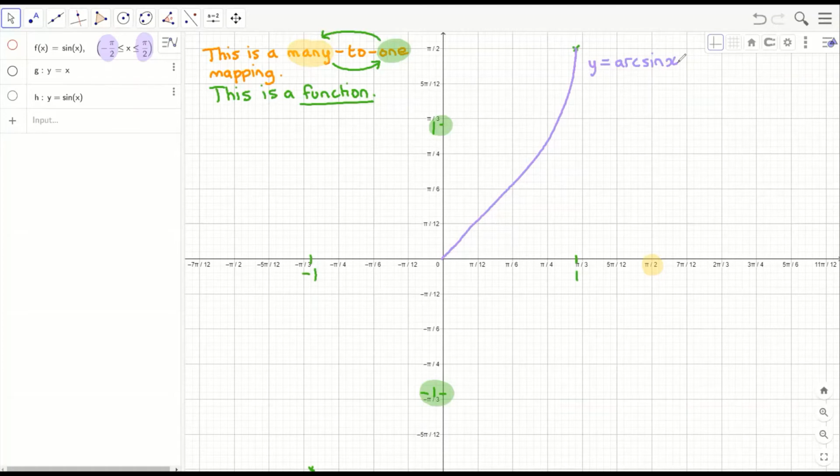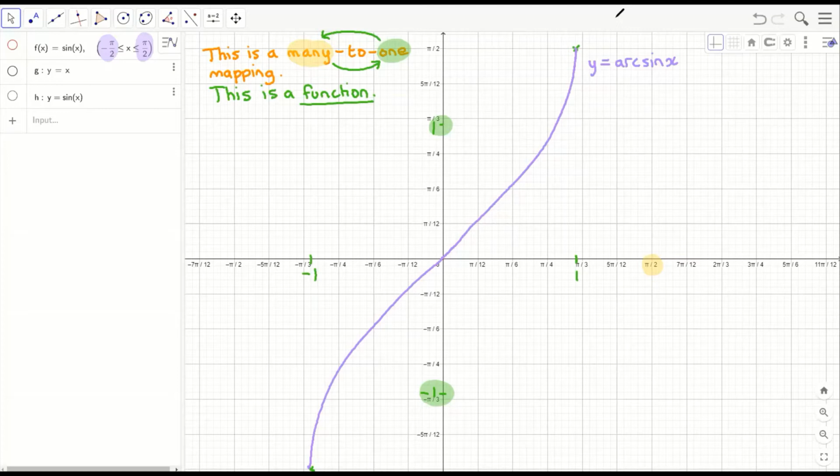Oh, I've just realized I've just undone my sketch. Yes, so we call this arc sine x, and you can see that the domain of arc sine x is the range of our restricted sine x.